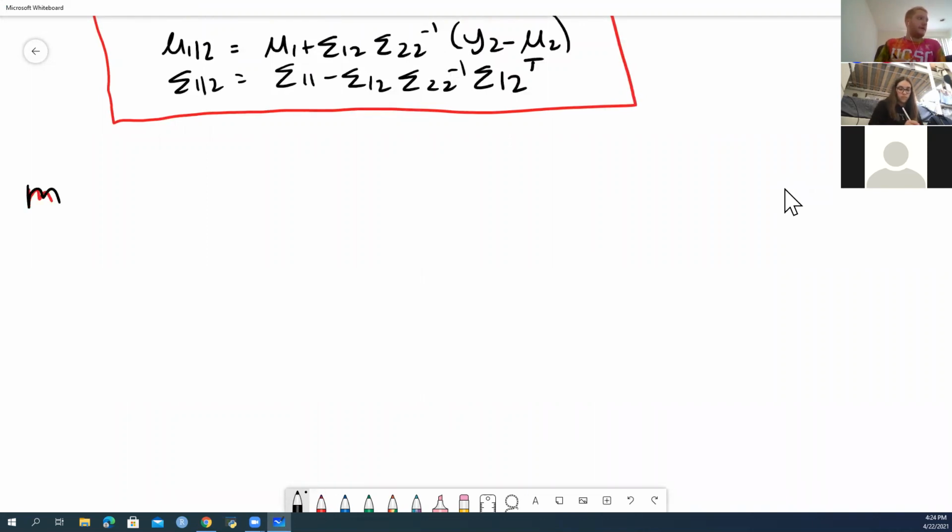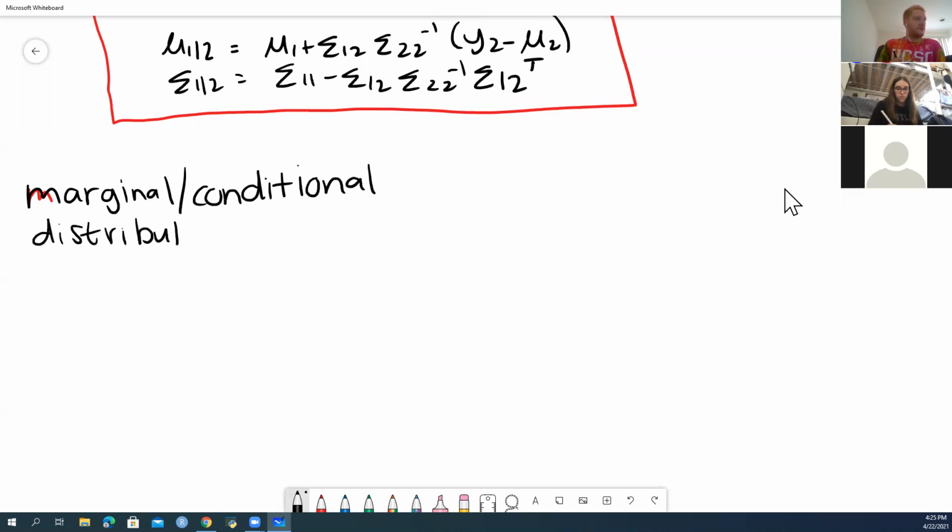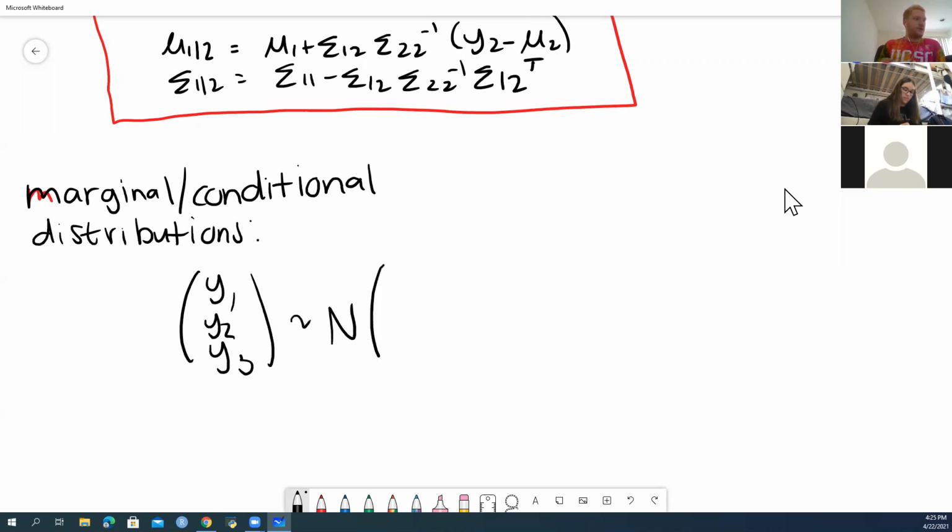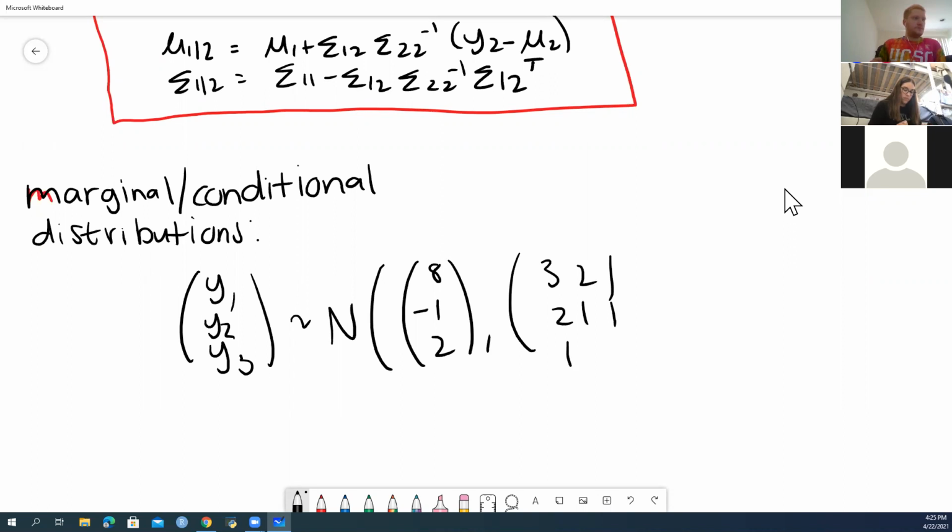So let's say you have that y1, y2, y3 is distributed as normal, with mean 8, -1, 2 and covariance matrix 3, 2, 1; 2, 1, 1; 1, 1, 7.